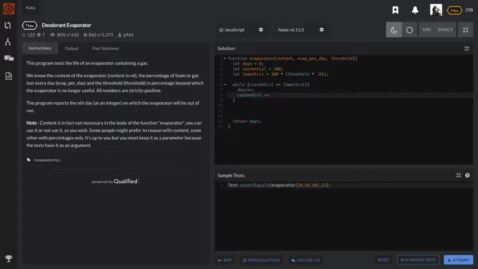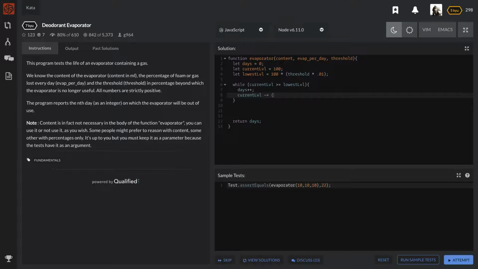I referenced this as being used every day, but unless you can use a specific percentage every day, that wouldn't really make sense. It makes more sense to say evaporation per day would be a hard number, but this is a percentage, so it is indeed evaporating per day. Anyways, you get the math.